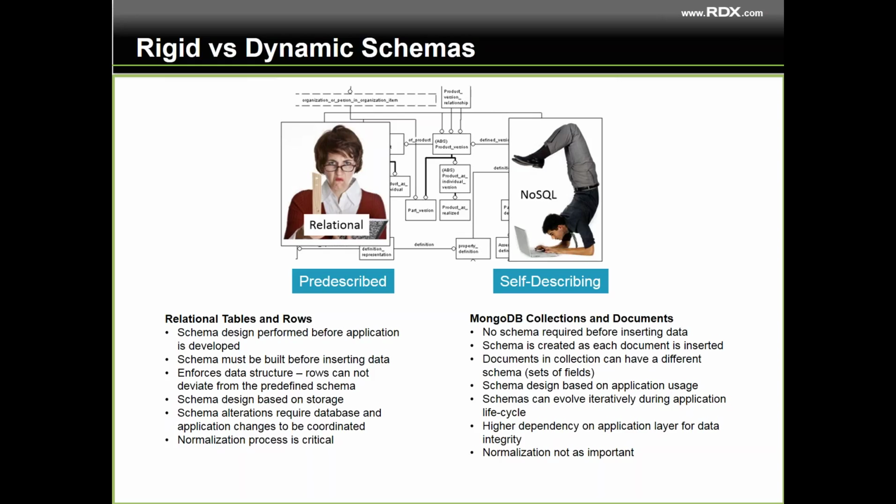On the MongoDB side, there is no schema required before you insert data. It's created each time the document's inserted. And each document in that collection can have a different set of fields, and I'll show you an example of that. That allows us to iteratively evolve the schemas during the application development lifecycle.